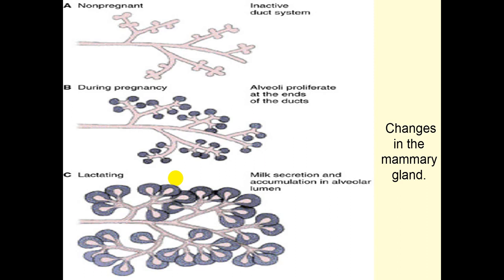And myoepithelial cells. Myoepithelial cells, of course, are present in the previous stages, because this gland has ectoderm origin, but now in the lactating gland we can clearly see these myoepithelial cells as the outer layer around the alveoli, the secretory portions.